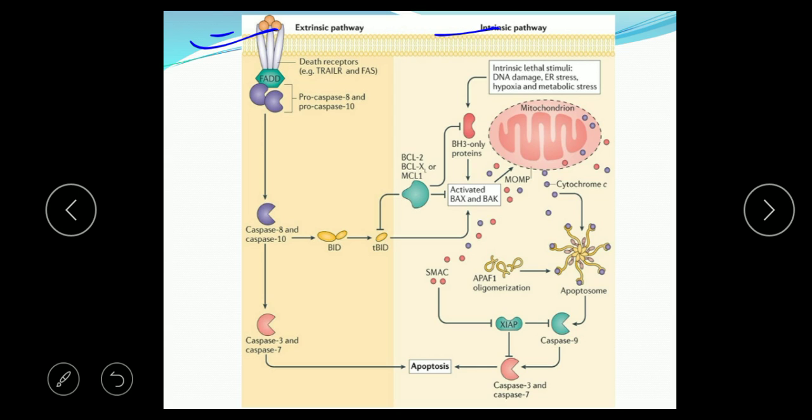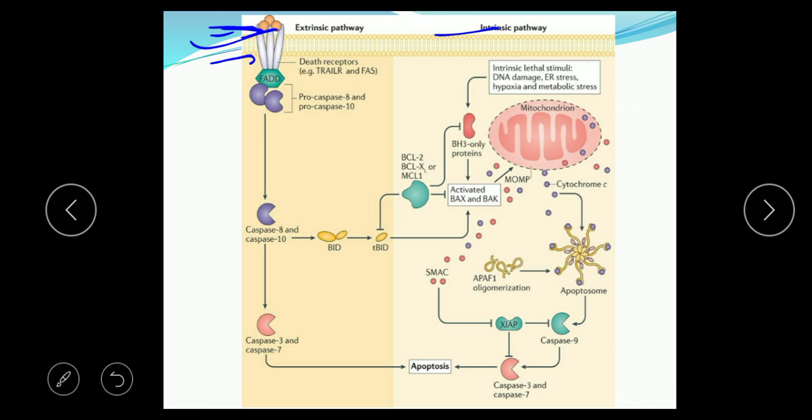In the extrinsic pathway we can see there is a death ligand coming from outside of the cell, and there are receptors which form a complex called DISC. What was DISC, guys? Death induced signaling complex.